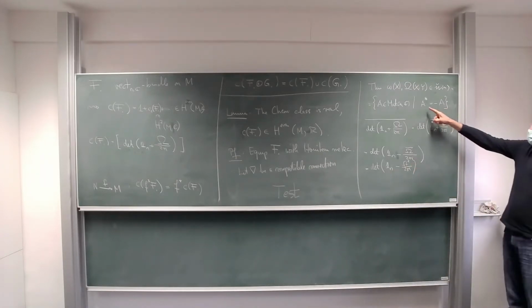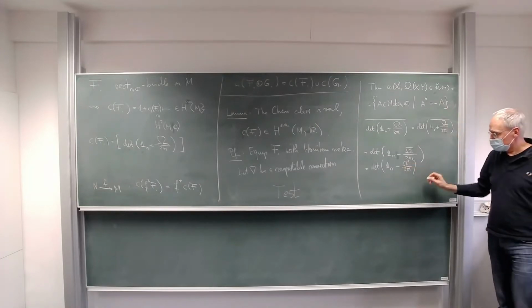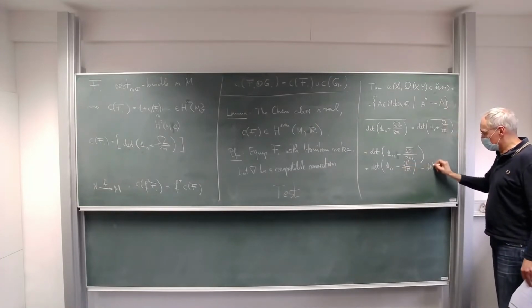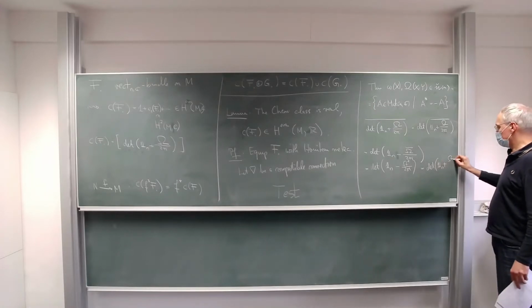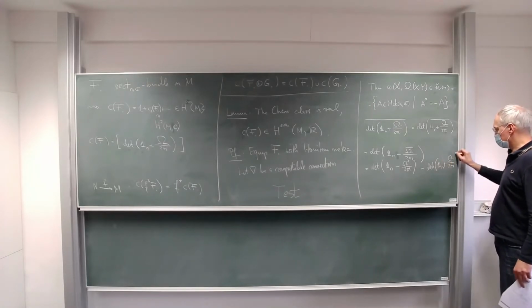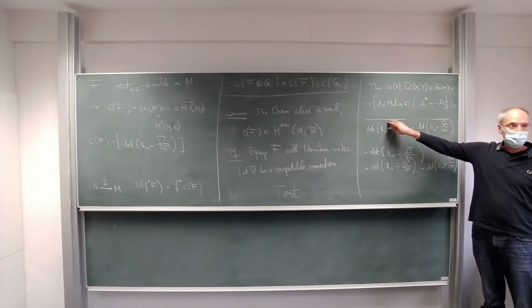And now I use the fact that I'm landing in this Lie algebra, which says that minus A star is equal to A. So minus omega star is equal to omega. So I get the determinant of the identity matrix plus omega on 2 pi i. And that is the same thing I started with, just without the conjugate.